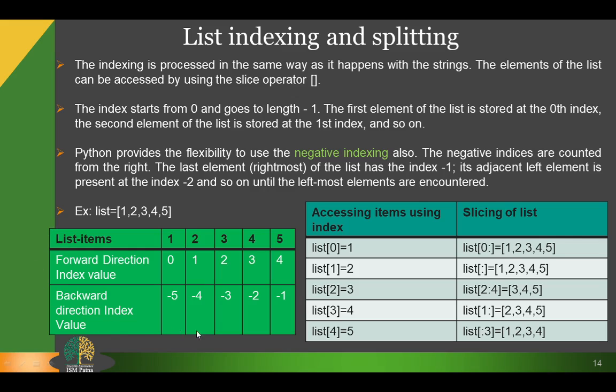This table shows how the list items are indexed using forward and backward, that is positive and negative index values. Each element of the list has its own index, and we can access the list item using the index like this: list, square bracket, and inside we give the index value.